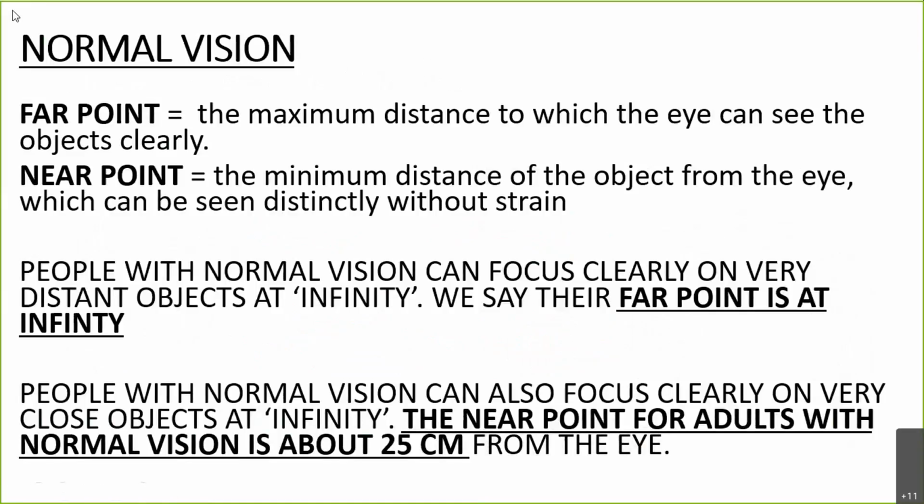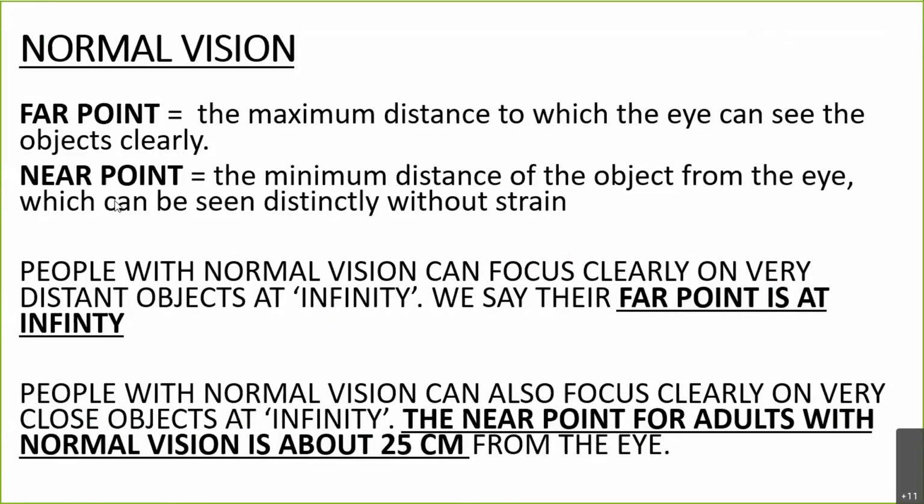All right, let's talk about vision. Two things we need to define when we're talking about vision are the far point and the near point. The far point is the maximum distance to which the eye can see objects clearly.